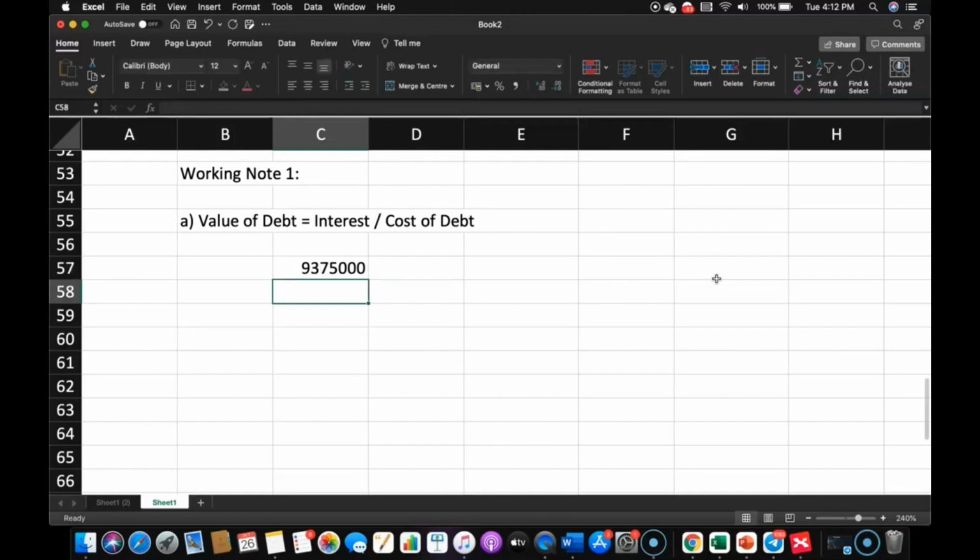What we get is 93,75,000, that is 9.375 million, and this is the value of debt.